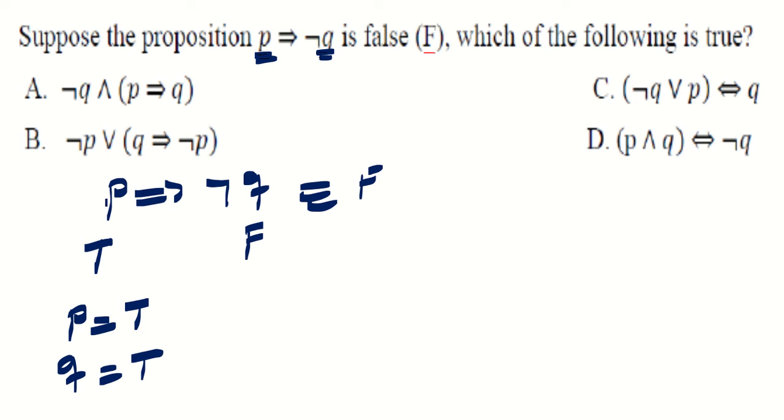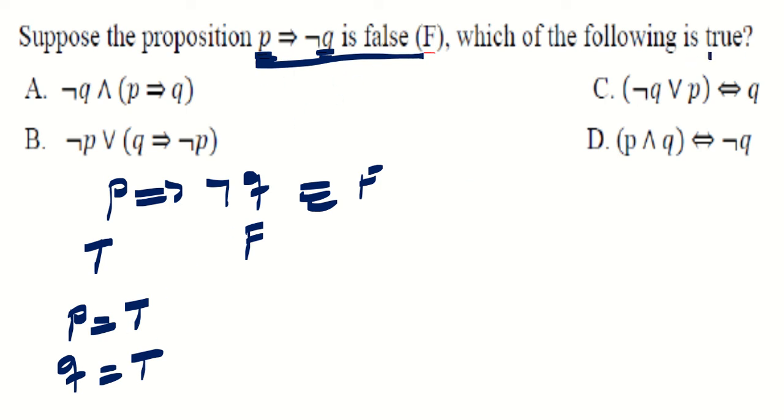Because the whole is false, given to us, P is necessarily true and negation Q necessarily has to be false. When we see the five logical connectives, in case of implication, to be false, the premise must be true and the conclusion false. This is given, we cannot change anything. So P true, Q true also we got.